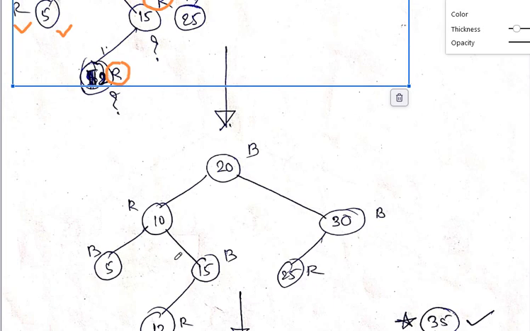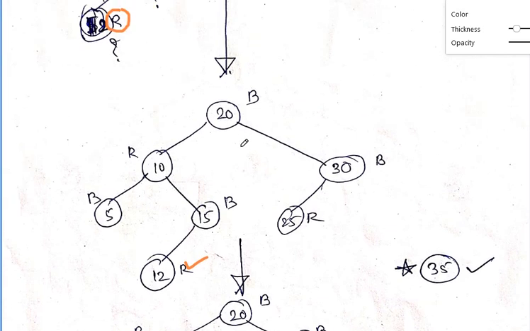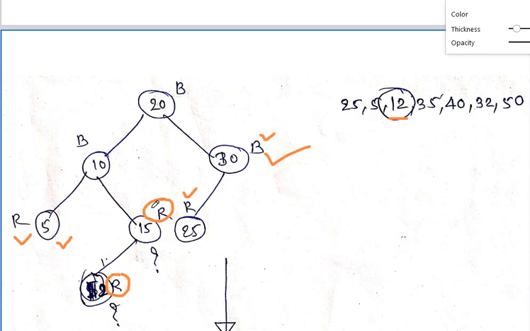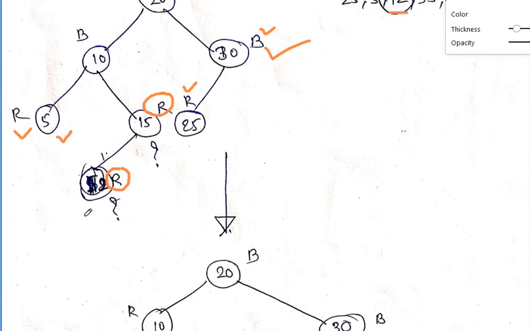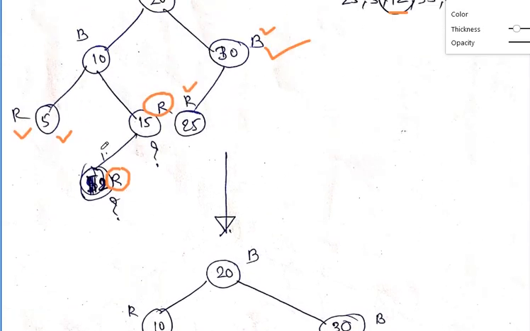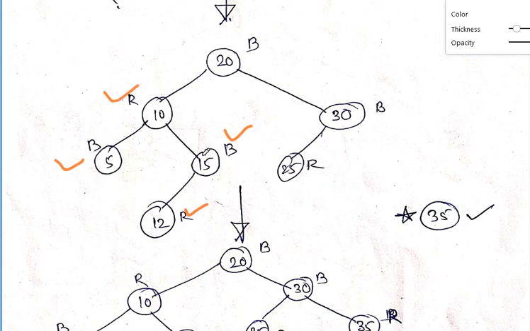This will be red as it is for 15. Earlier it was red, now it becomes black. For this one also, it was red earlier and is now black. And the grandparent, which was black, is changed to red.